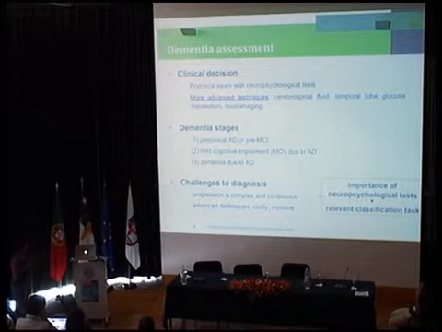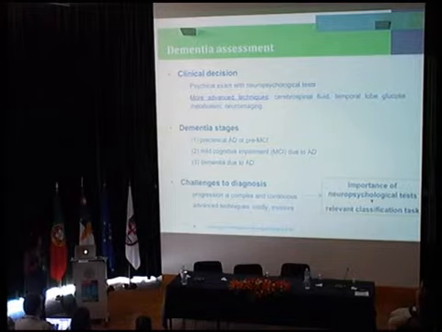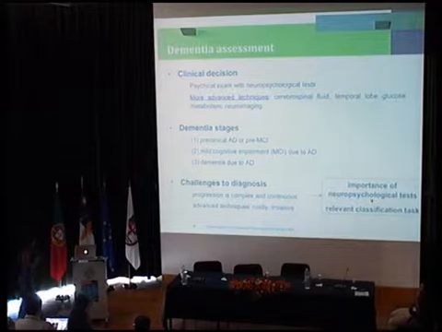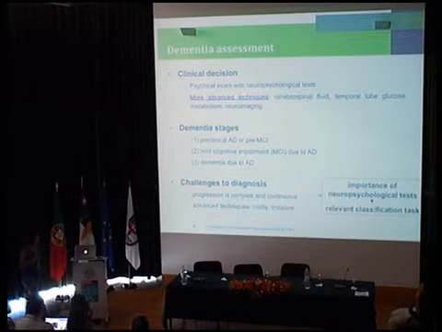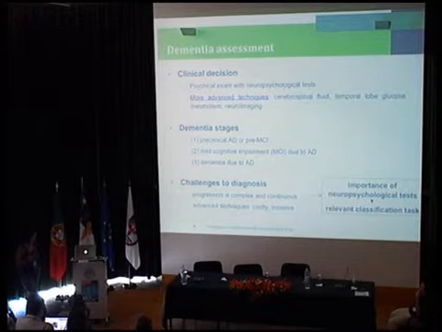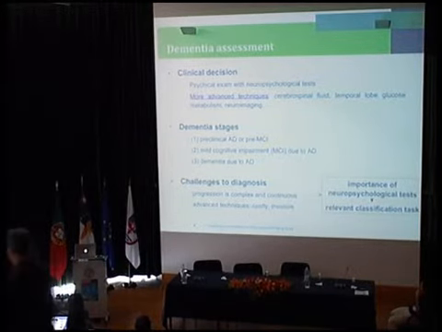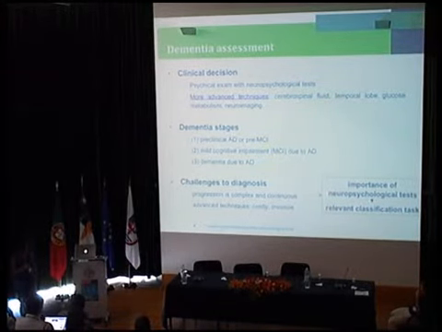Okay? Then there are also several types of stages of dementia, okay? And the most important is what they call the mild cognitive impairment state, that is recognized to be a pre-stage of Alzheimer's, and they know that people that are diagnosed with mild cognitive impairment have a higher probability to evolve to Alzheimer's.